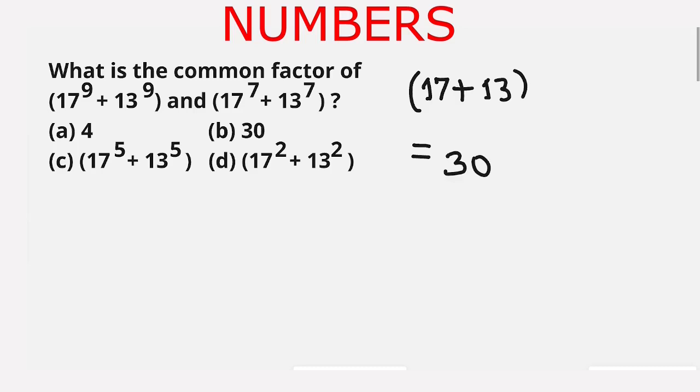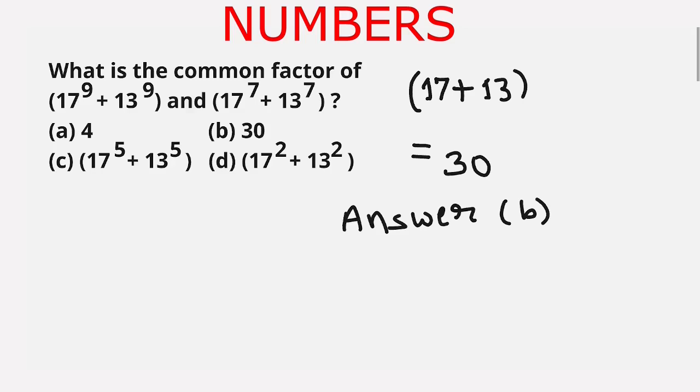So 30 is the common factor of the given numbers, and from the given options our answer is option B, 30. This is a very easy question. If we know the identities, then we can easily solve such type of questions.